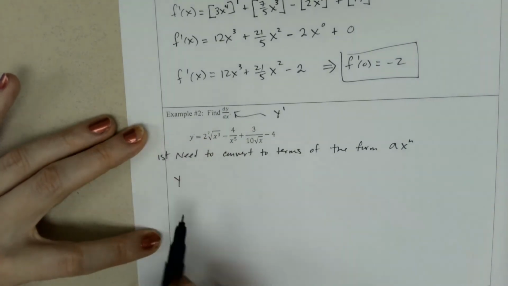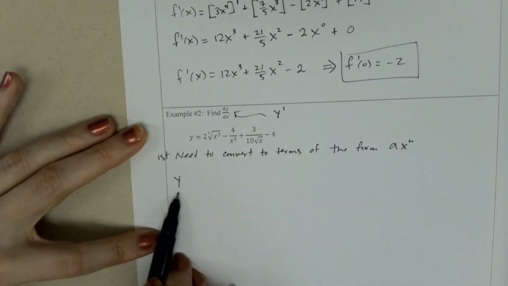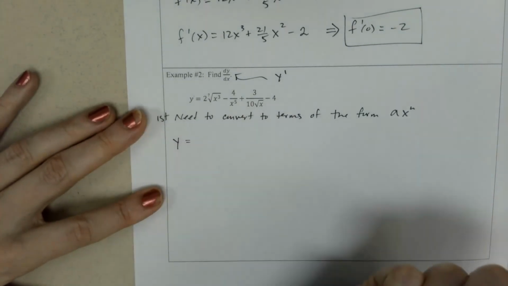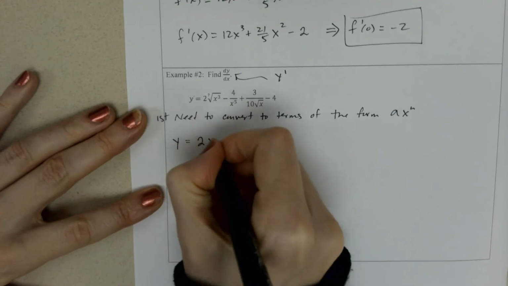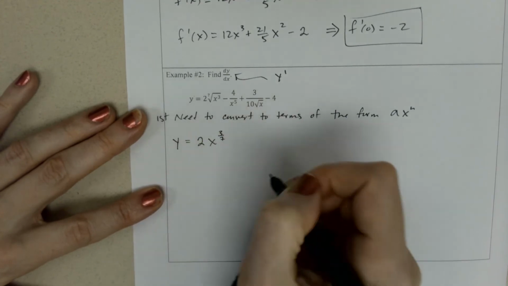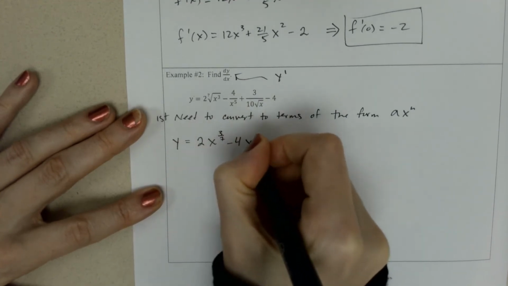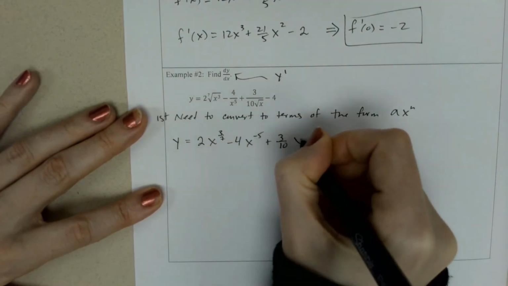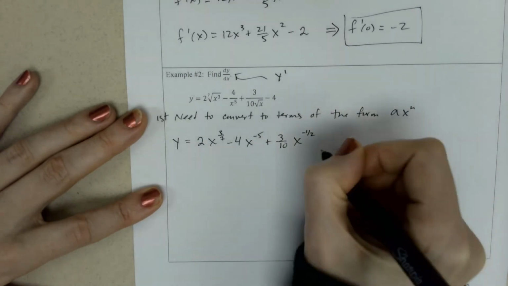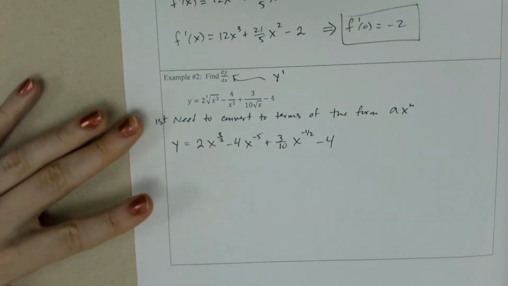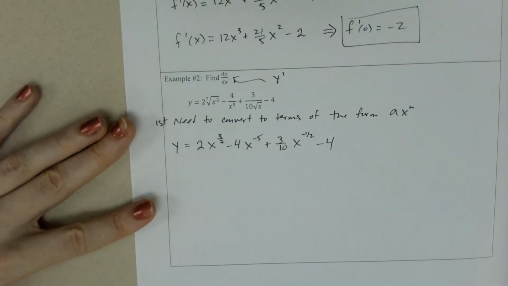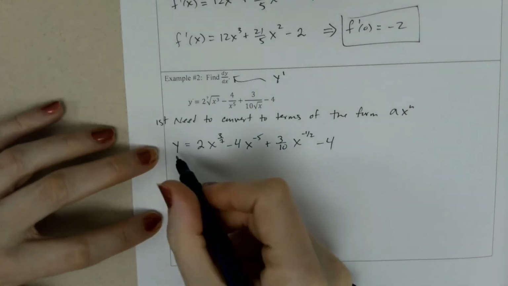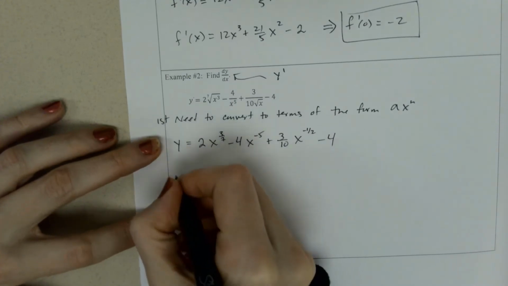So this is still y. This is not y prime. I'm not taking the derivative yet. I'm just converting. So y equals 2x to the 3/7 minus 4x to the -5 plus 3/10 x to the -1/2 minus 4. Okay, and now I'm going to put the primes in.